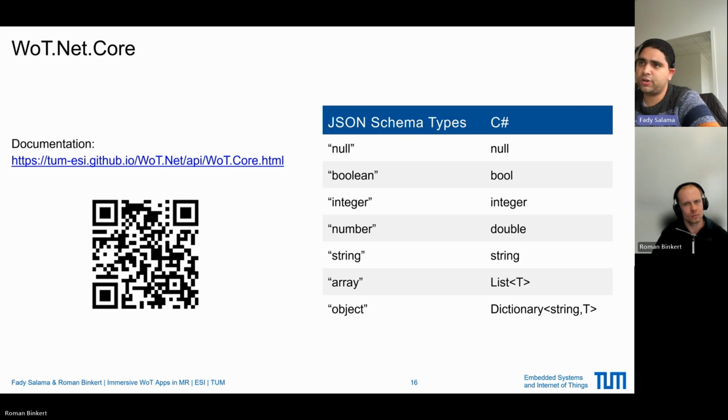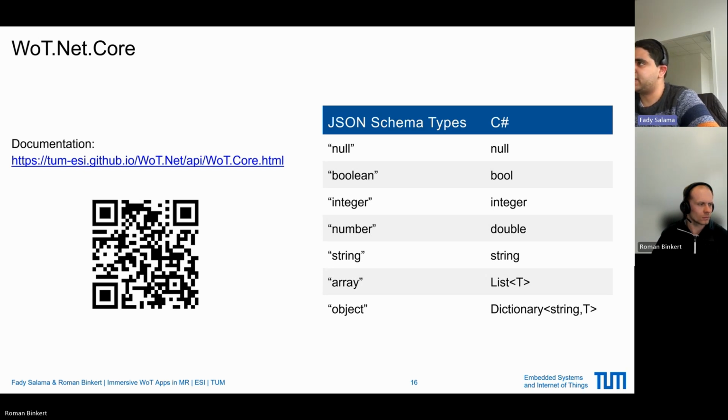As I said, in WoT.NET Core you can already see that it describes the definitions. If you want to have a look at the documentation, it is there through this QR code, or maybe Egi will put the link in the chat.